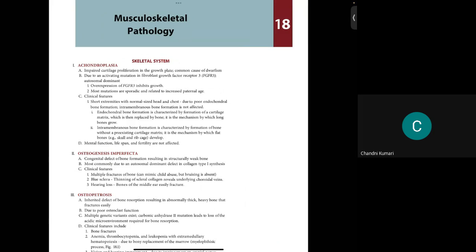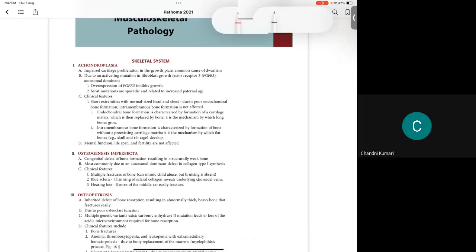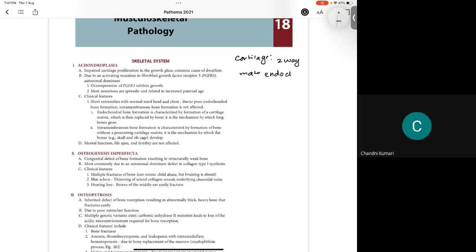Achondroplasia. What is chondro? Cartilage, right? Did you know how mature bone forms? There are two ways for the formation of mature bone. One is called endochondral ossification, and the other is known as intramembranous ossification. What is endochondral ossification?